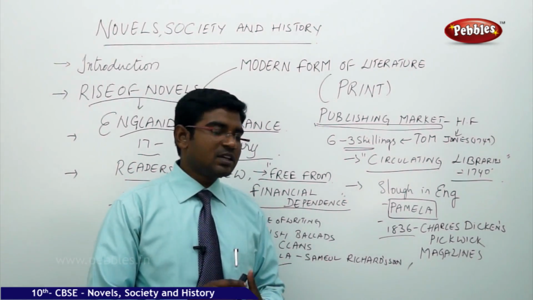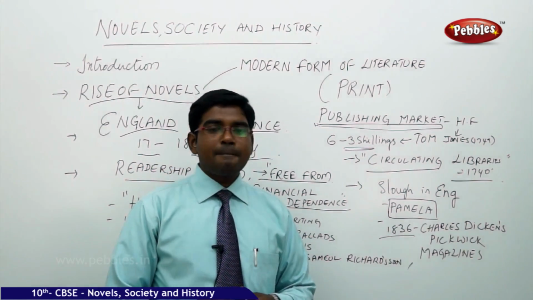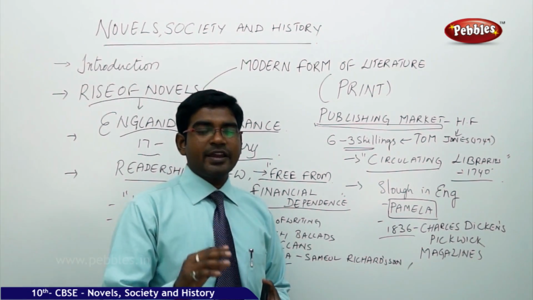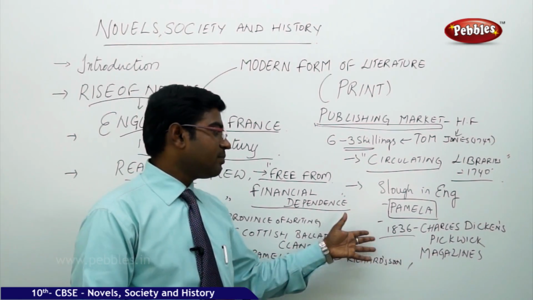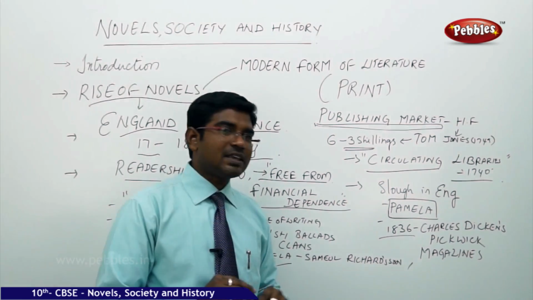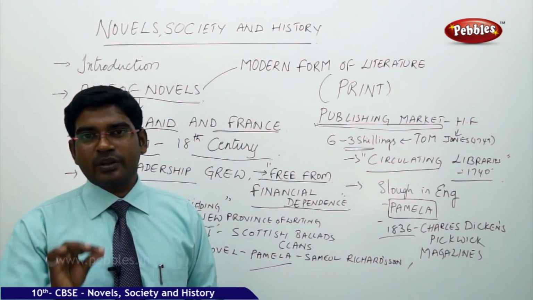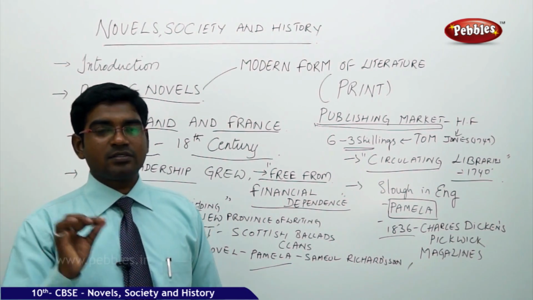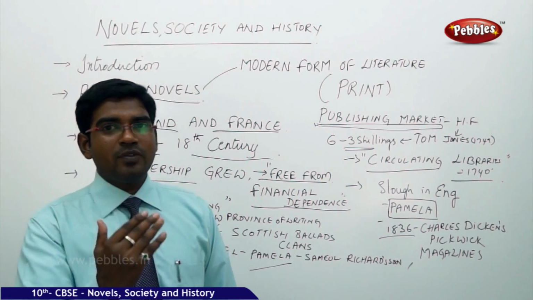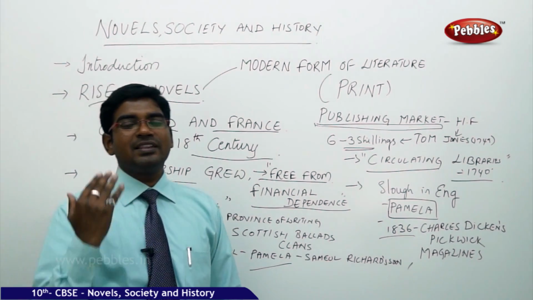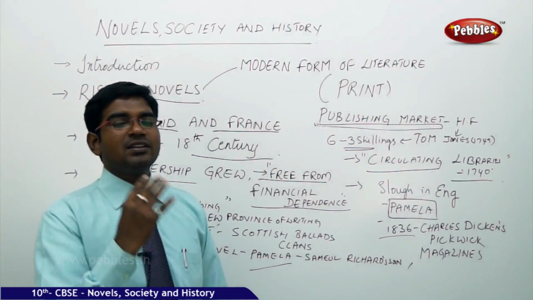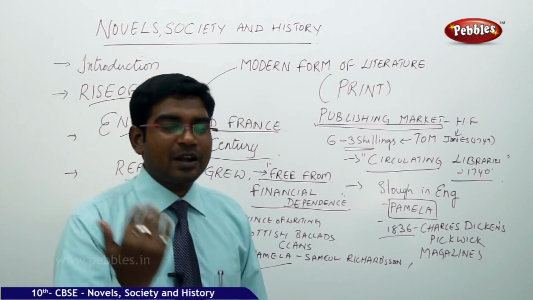In 1836, Charles Dickens' Pickwick magazines created revolutionary changes in the understanding or reading of books. Till that time, people used to read according to their convenience. But once these magazines came into the market, they started to create serialized stories. These serialized stories are released in parts so that week after week, people get the latest updates, like this week's portion will be discussed thoroughly, later the other week, later the other part of the story.